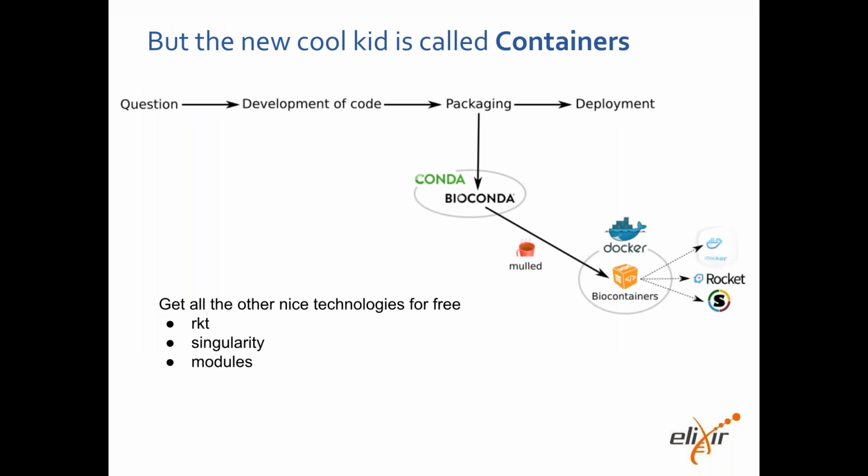So what we do here is, as soon as you create a pull request with a Bioconda package, we will automatically create a Docker container, a Rocket container, and a Singularity container, and push that into a BioContainers namespace. So all this becomes magically available as the BioContainers project on Docker Hub, on Quay.io for Rocket, or on some FTP server or Singularity Hub for Singularity.